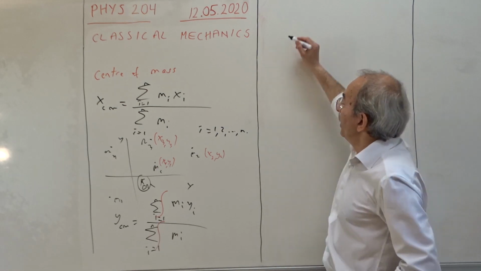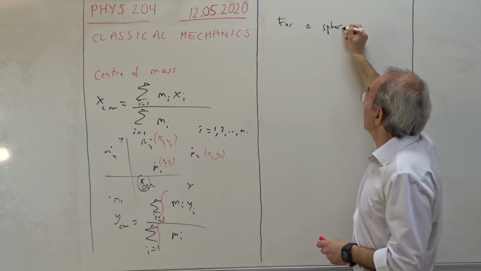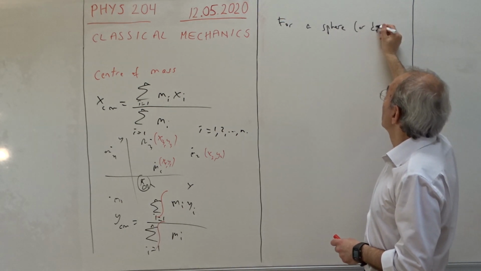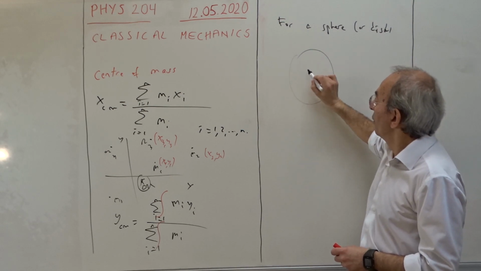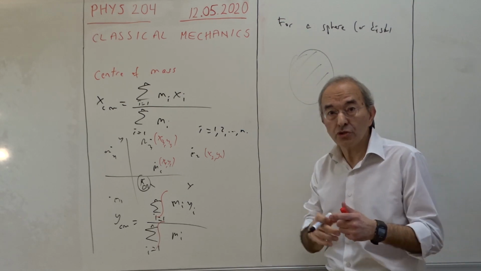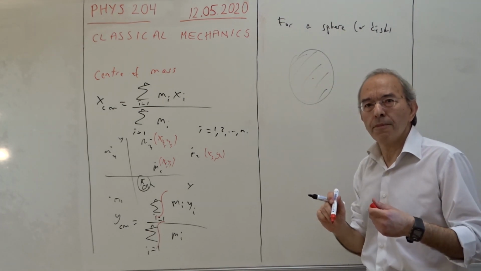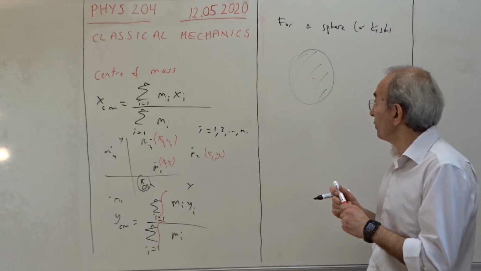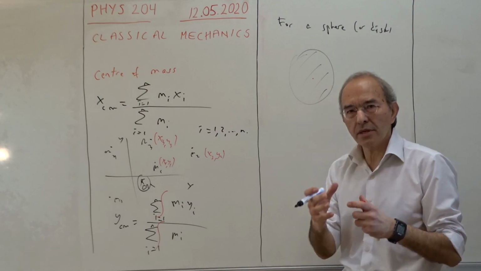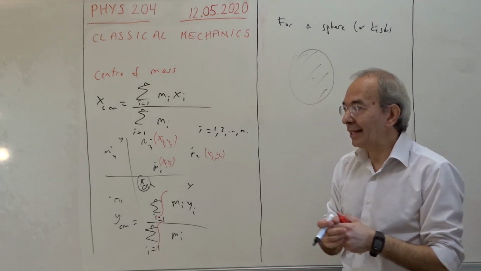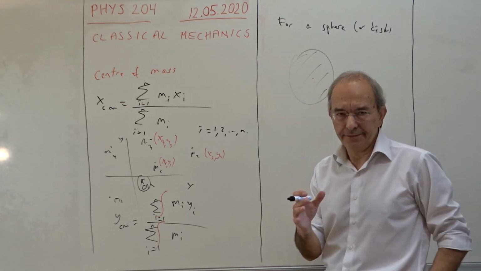For example, for a sphere or disk, if you see a disk like this, then if it is also uniform, the center of the disk also is the center of mass of the system. Or if it's a three-dimensional sphere, a ball, for instance, maybe a solid ball, maybe a spherical shell, again it is expected to have a center of mass at the center of the object.